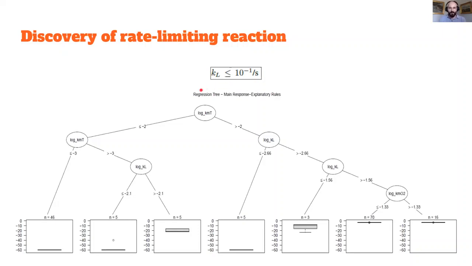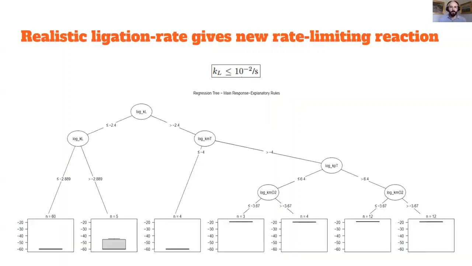And here we have a regression tree that shows the main explanatory rule for the system, and this is the off rate for the dehybridization or the dissociation of the duplex, and that is unrealistic because we cannot find an enzyme or a compound that could actually give us this kind of fast ligation rate. So we had to do a new round of optimization, with a more realistic ligation rate.